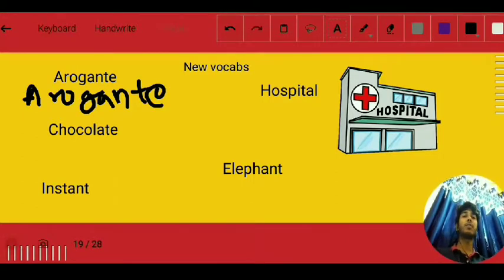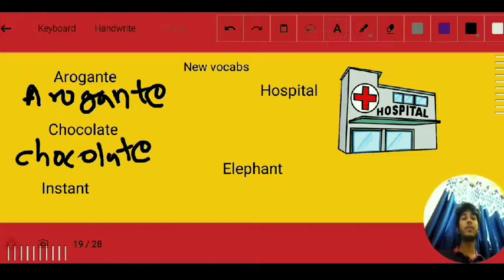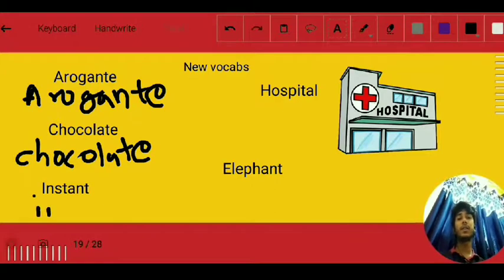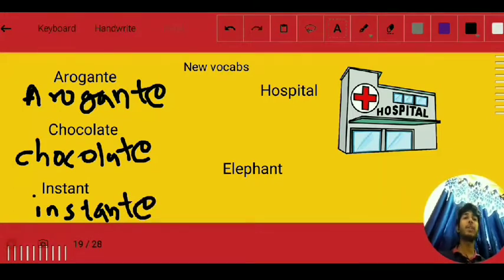For chocolate is chocolate, and the spelling is the same. For instant, that is going to be instante. For hospital, the spelling is the same, hospital.